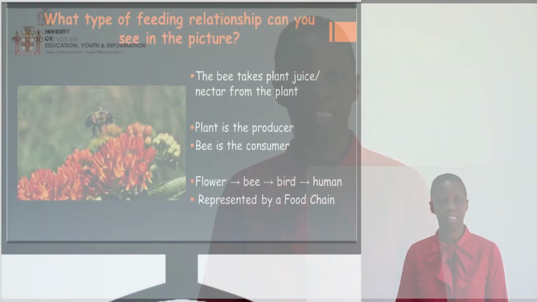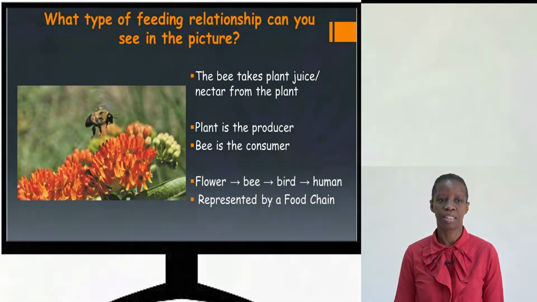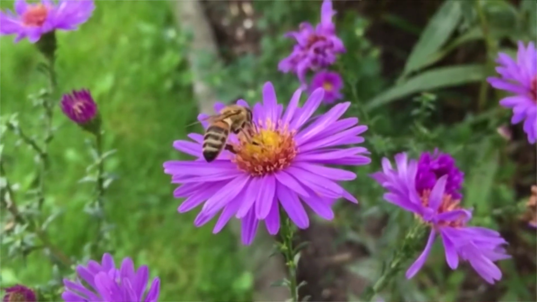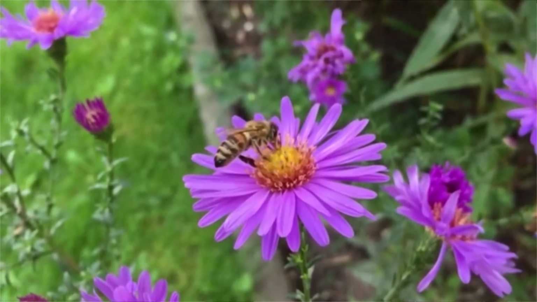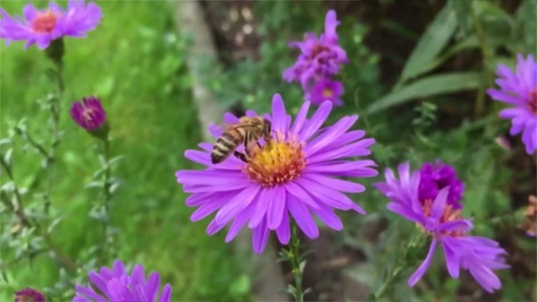So here's a picture, right? This is something that we see around us in our gardens and open spaces where we live in our communities. You may see an insect like a bee go into a plant, go into the flower, right?